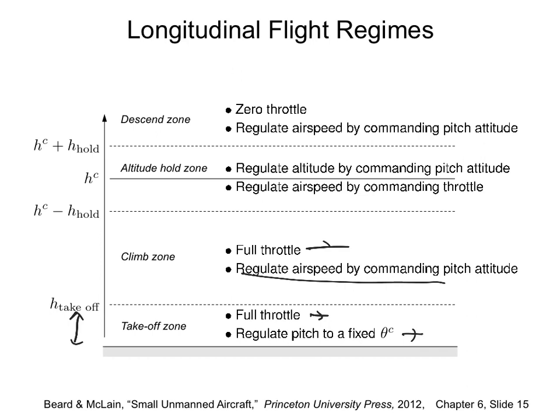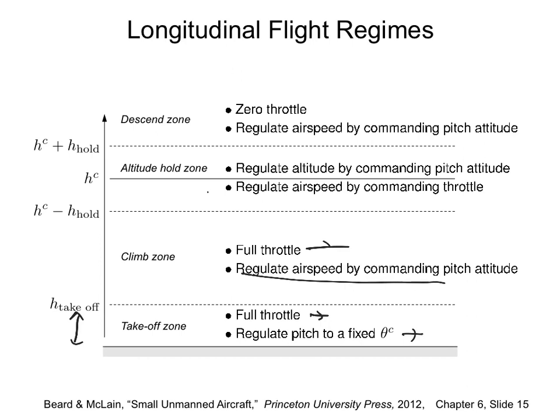And then third is the altitude hold zone. You're close to the altitude. If you're below your HC, regulate airspeed by commanding throttle, because then you can increase your airspeed and go up. If you're above, then you can control your airspeed using pitch.